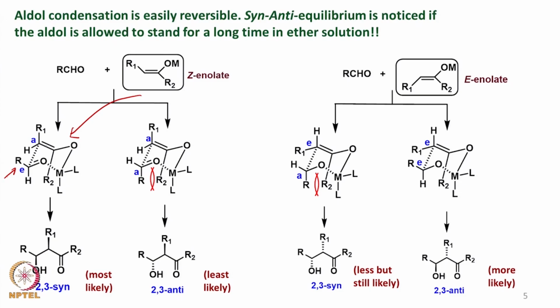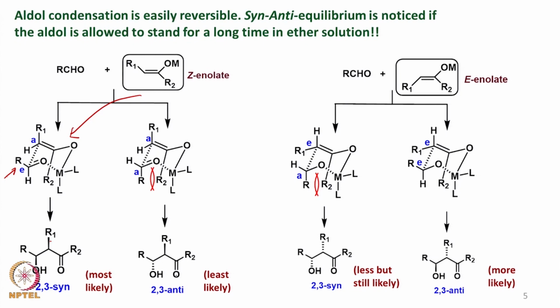For example, when this C-C bond forms in here, then what we have is a hydroxy group pointing upward and the R1 group is also pointing upward. Therefore, these two are beta and therefore, this is the 2,3 syn product. Now, this is most likely the product between the two of them.